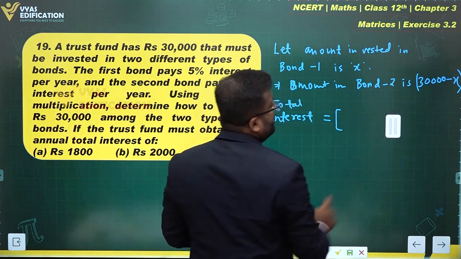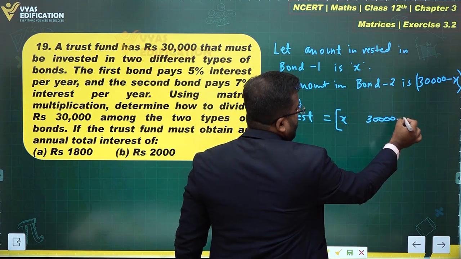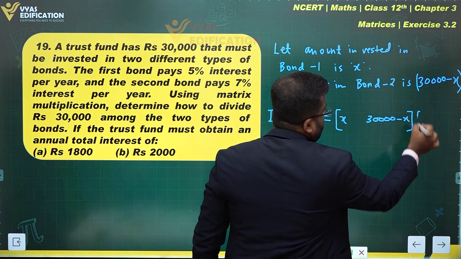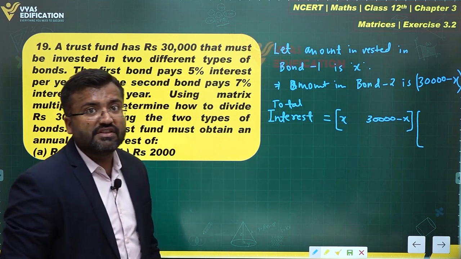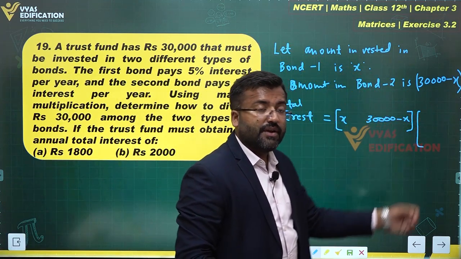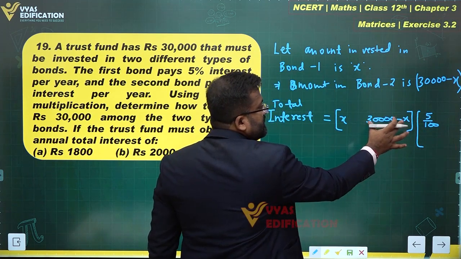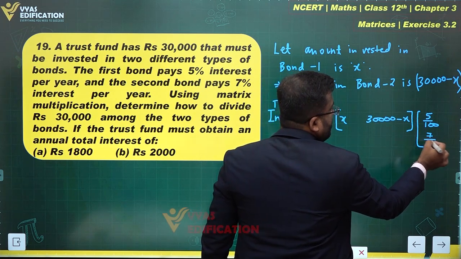So one value is X, the other value is 30,000 minus X, and this has to be multiplied by 5 by 100 and 7 by 100.